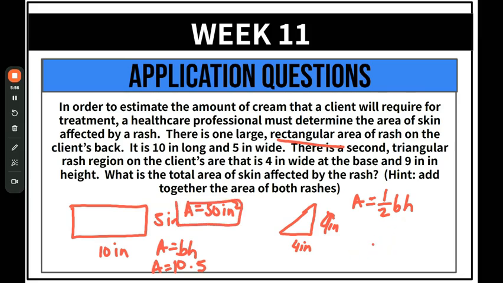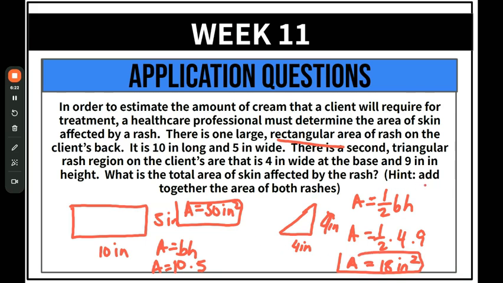Okay, and then over here, we've got A equals 1/2 times the base, which is 4, times the height, which is 9. And so we've got 4 times 9, which is 36, times 1/2 is going to be 18 inches squared again. So now they want to know the total area of both.